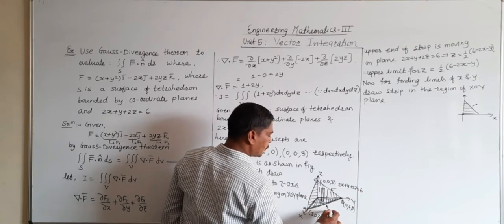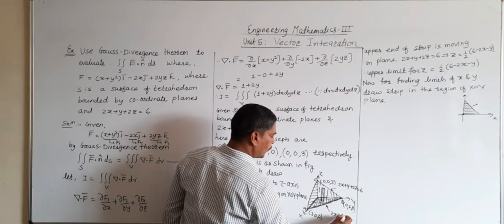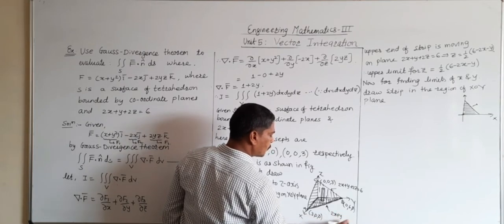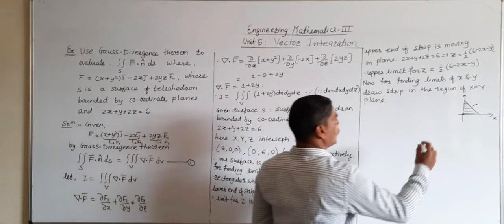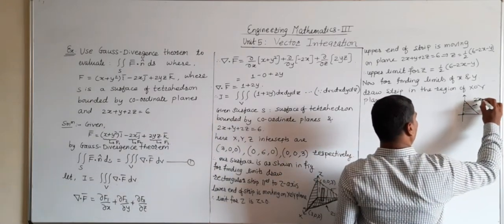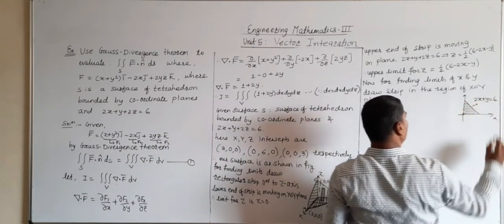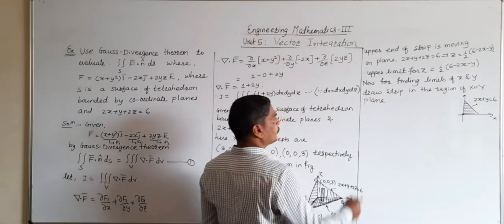So the equation of this line becomes 2x plus y equal to 6.